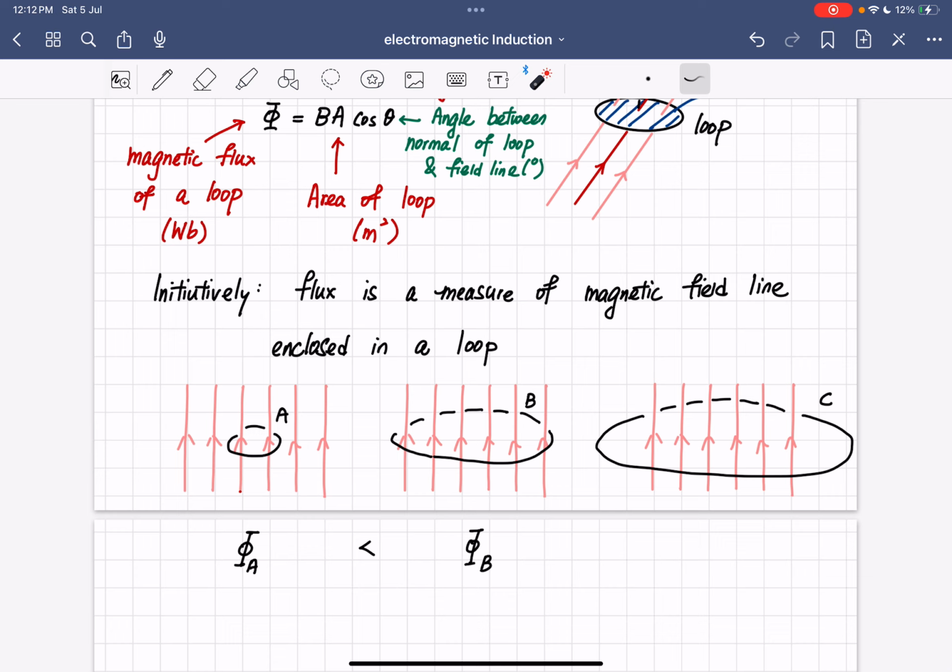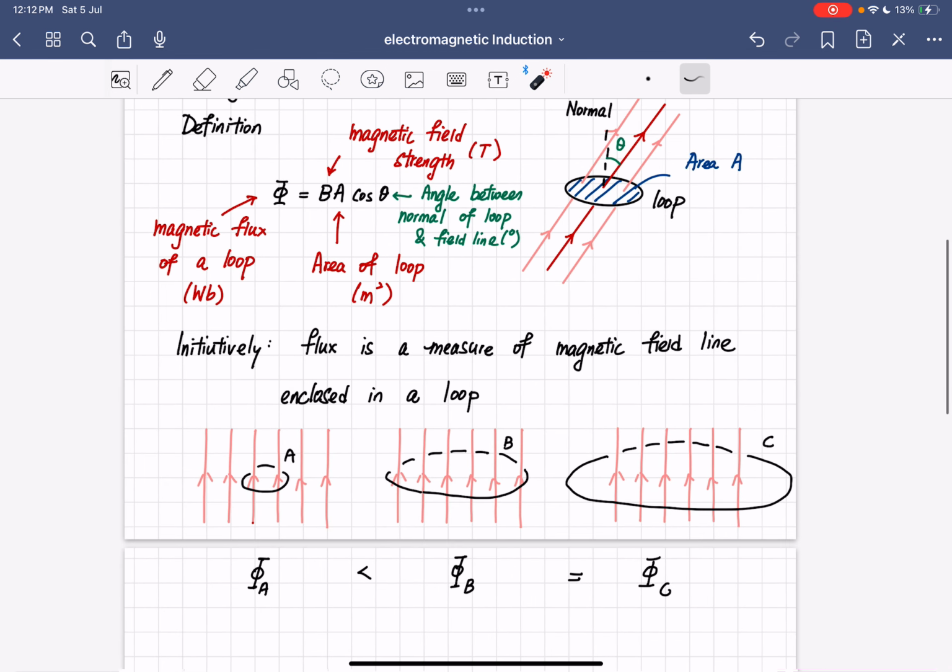So as a measure of the number of field lines enclosed, loop C in fact has the same value of flux as loop B. So therefore, you will need to know that the last case actually has the same magnetic flux as case 2.